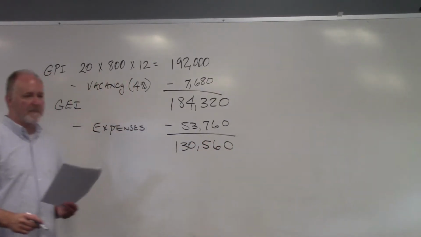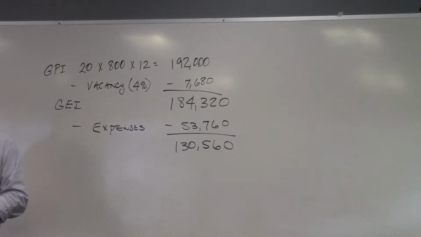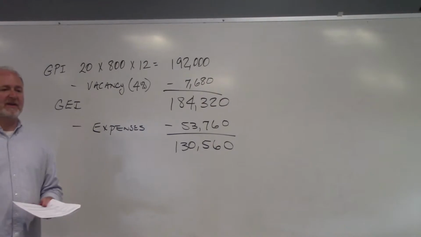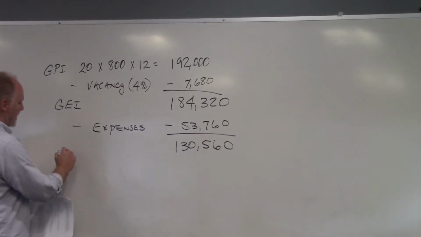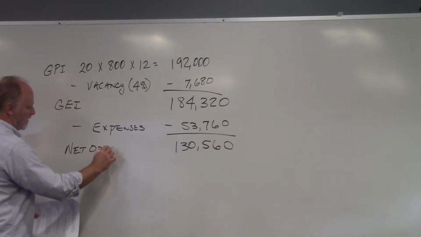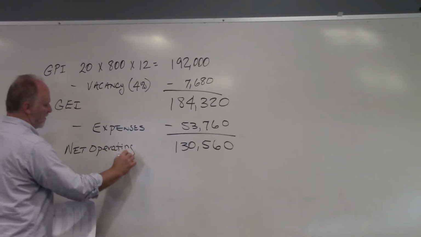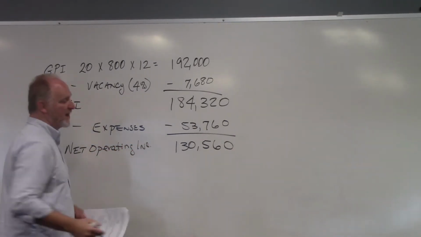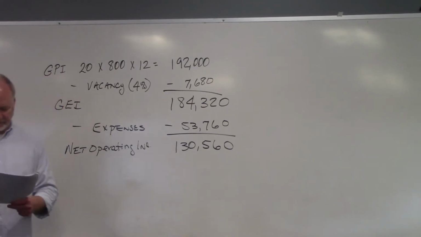Does that number look right? Okay, and that's an important number, isn't it? Because what that number tells us is our net operating income. Our net operating income. In other words, gross minus expenses equals net.